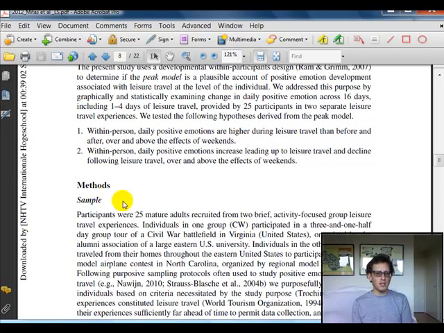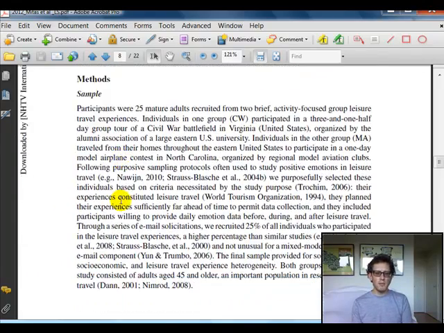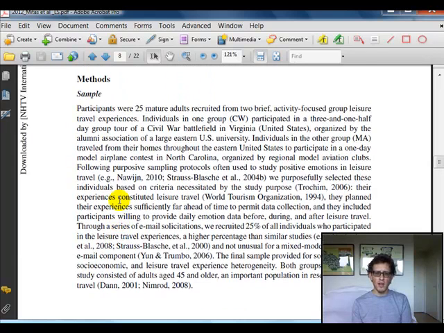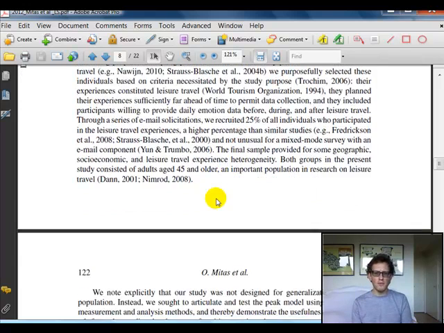Then the methods section, I'm making an argument that my methods were good. So I collected questionnaires from 25 people. That's not many. So I have to make all kinds of arguments that it's okay. The sample provided geographic, socioeconomic, etc. variety, so there were lots of different people among the 25.